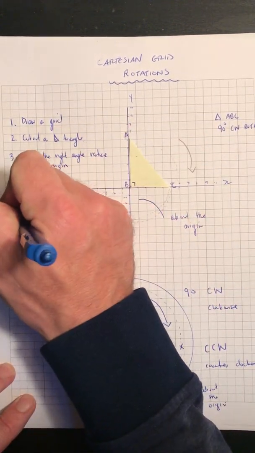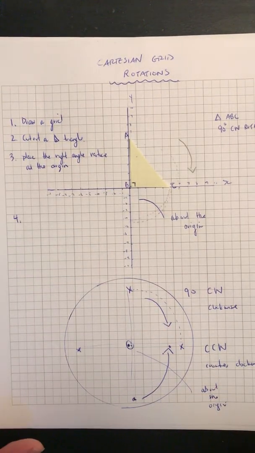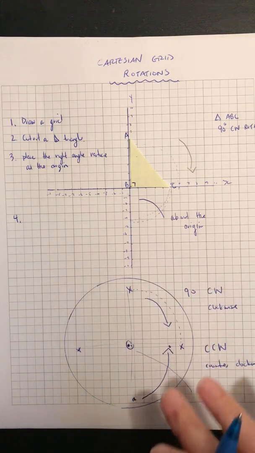Let's drop it down here for fourth step. I want you to get into the habit of rotating that shape around.